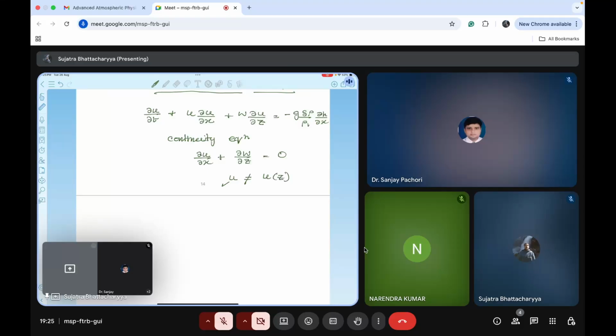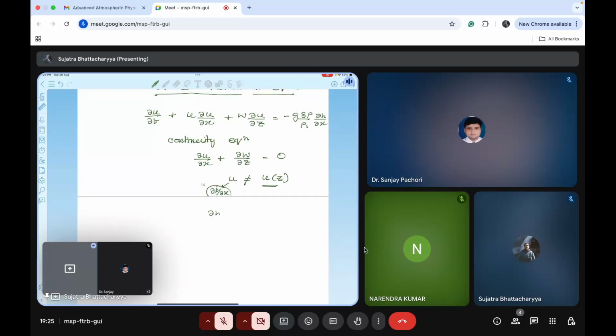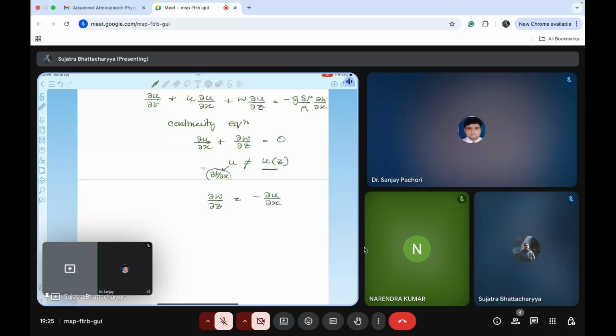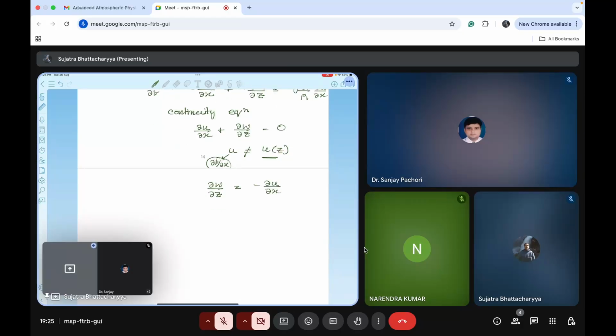Why? Because u depends on delta p delta x, and we have already proved that delta p delta x is not varying with z. So u is not a function of z. Therefore, delta w delta z can be written as minus delta u delta x.